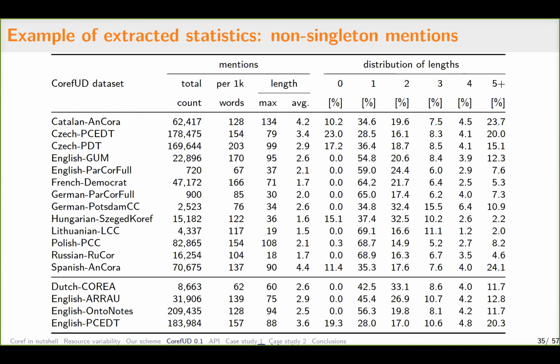Okay, of course, we can already extract various statistics from the data. This is one of many tables that we produced. Let me pick a few random observations. As for the average number of mentions annotated in 1,000 words, surprise, surprise, the Prague Dependency Treebank is the winner. Why is that? There are at least 3 reasons.